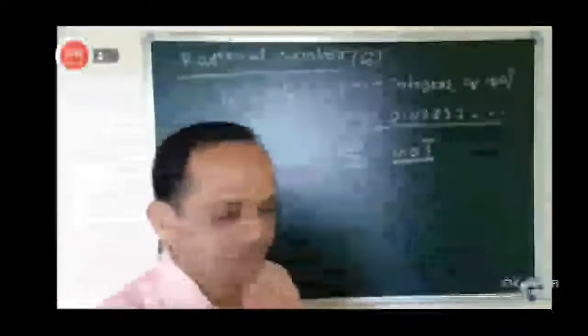0.25 equals 25 by 100. 0.03 bar can also be written in rational form. Suppose x equals 0.03 bar. Then 10x equals 0.3 bar, and 100x equals 3.3 bar.